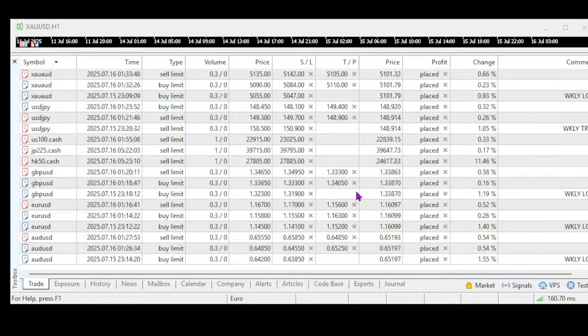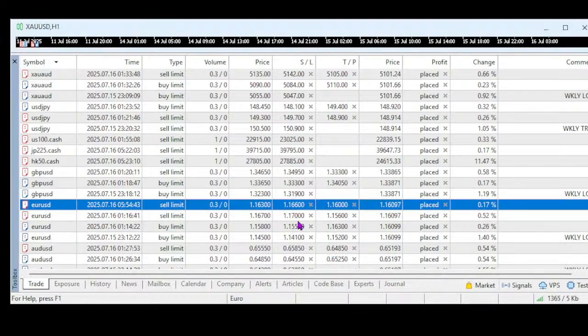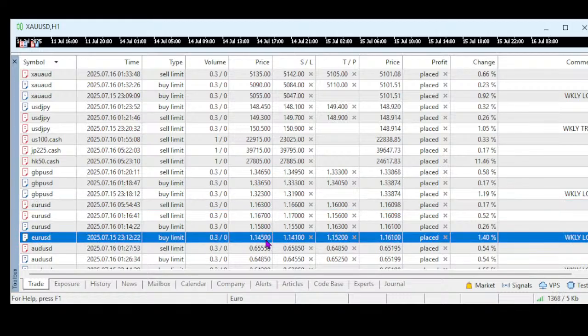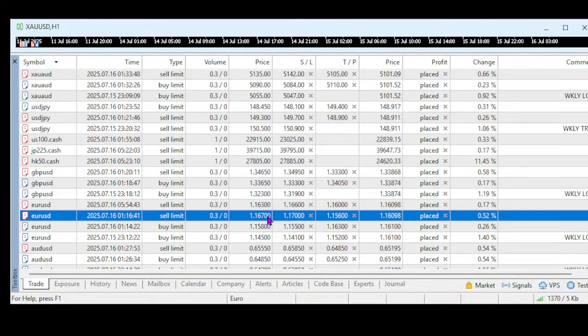This one expires at 5, which is 17, 17 minus 5 is about 12. So we have 4 orders: one swing, one day selling at 11670, then 2 scalping, 1 buy and 1 sell. 4 orders for euro.